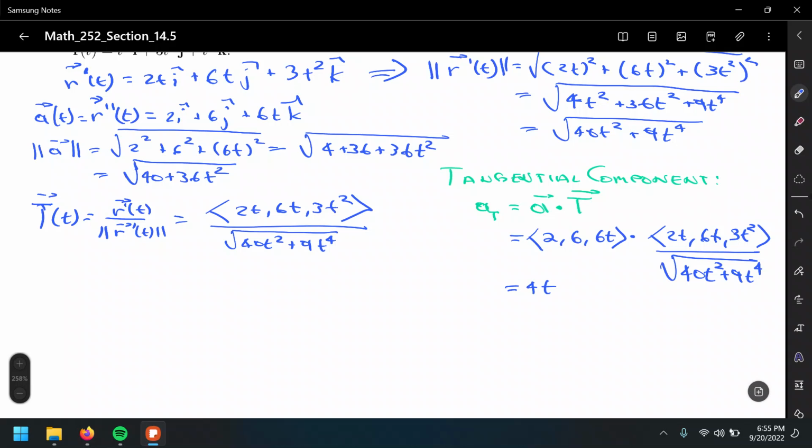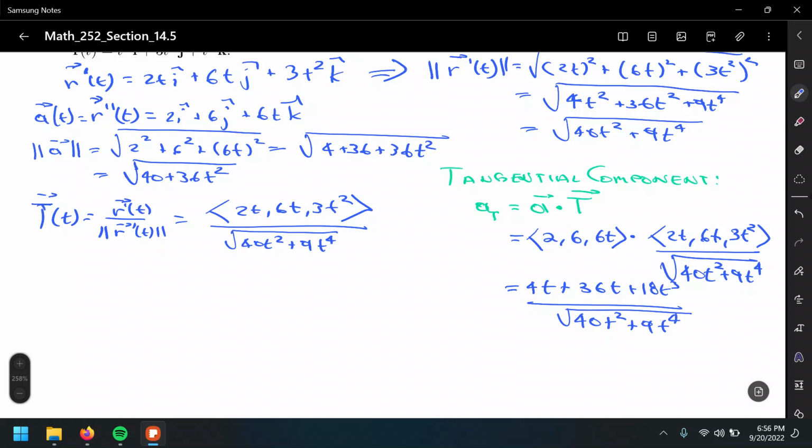And 6 times 6t, isn't that 36t? And 6t times 3t squared, that's 18t cubed. The whole thing divided by the square root of 40t squared plus 9t to the fourth.